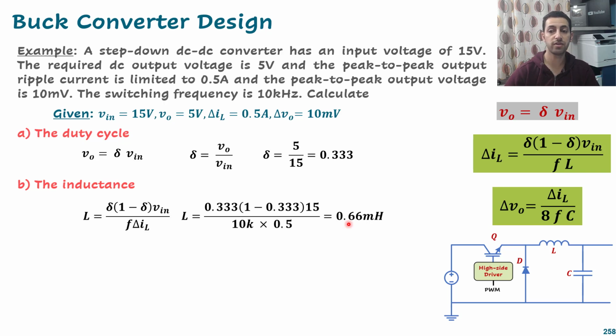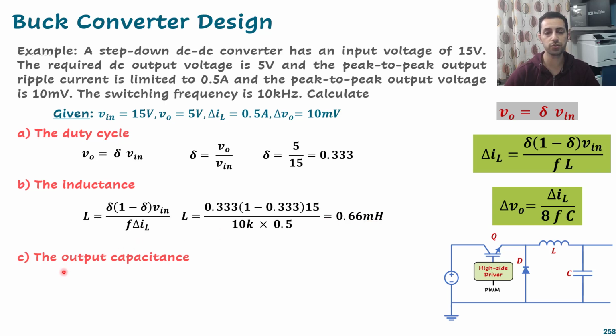Okay, so this doesn't actually tell us if it will work in discontinuous conduction mode, but we assume that it's continuous conduction mode. If you want to test if it is the minimum or more than the minimum for continuous conduction mode, we have to recall the equation for the minimum continuous conduction mode inductance.